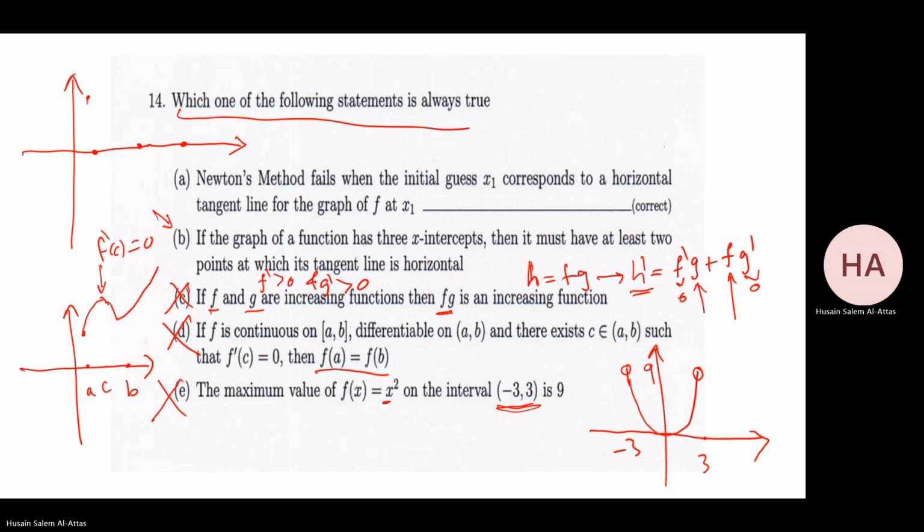This one goes, then stops here, then it starts here, then does something, then stops here, then does something else here.